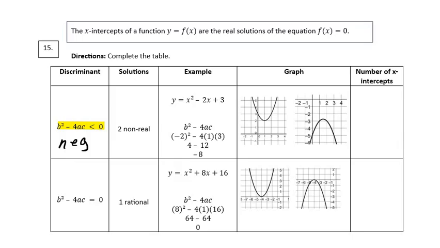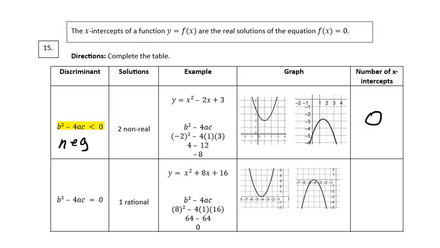And that means that I'm not going to have any real zeros, so I'm going to have 0 x-intercepts. And I can see from my examples here of what my graphs could look like. I could have a graph that's opening up or down, but either way, it is not going to cross the x-axis.